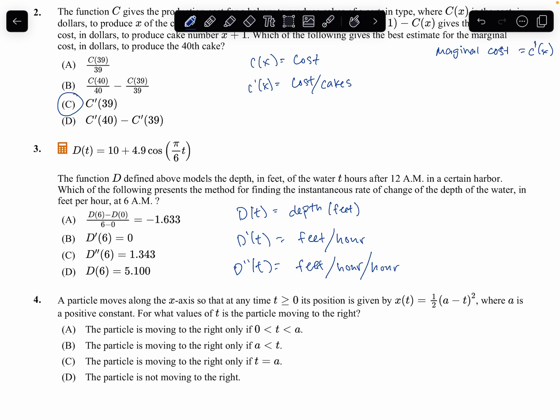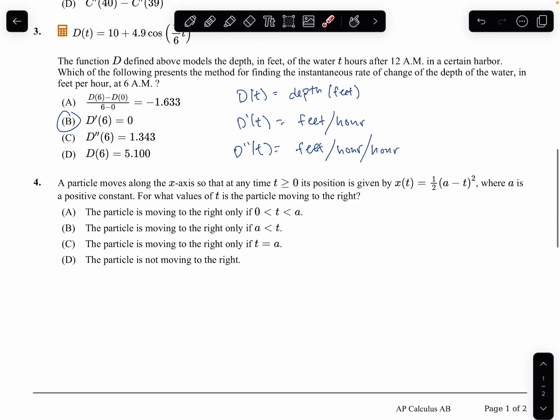But yeah, so we want b then. So A is looking for finding the time when the average rate of change is equal to this right here. This is the instantaneous rate of change at 6 feet if it's equal to 0. So it's got to be B.